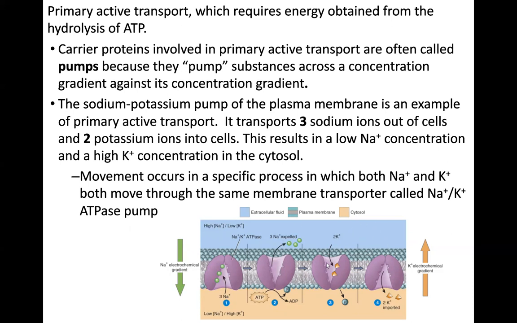And then that exposes the pore to the outside where we can now attach 2 potassiums, and we then change the protein shape again to import the 2 potassiums from low to high. Okay. So for both sodium and potassium, they're moving against their concentration gradient, from low to high, and thus it requires ATP.